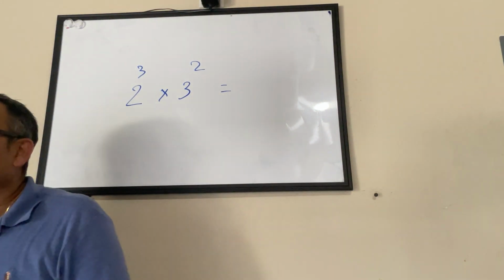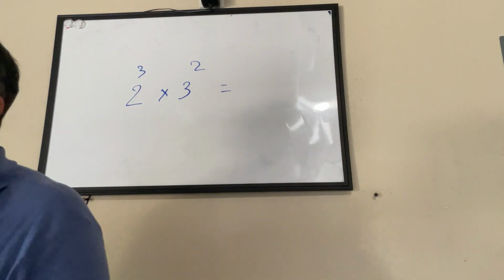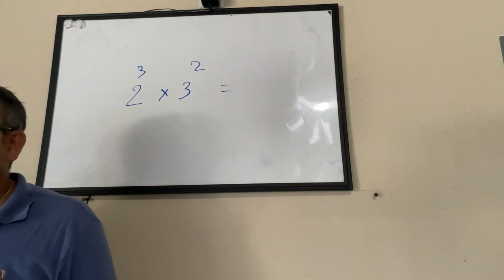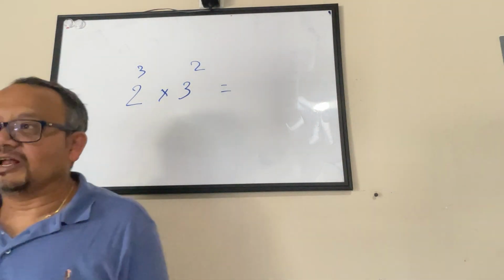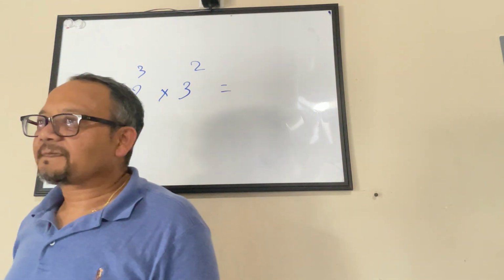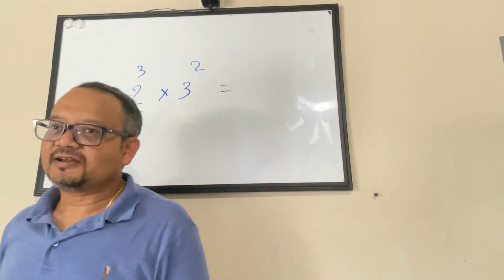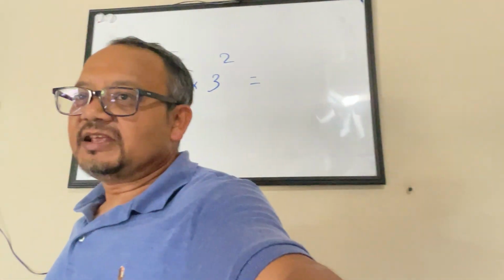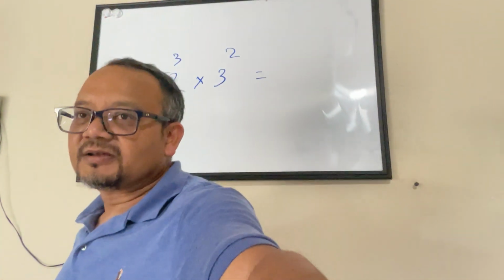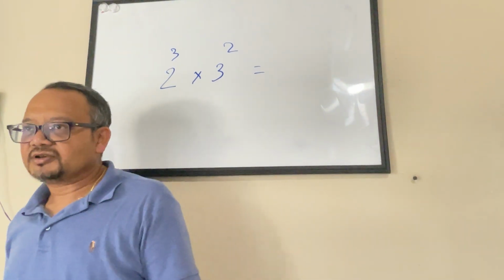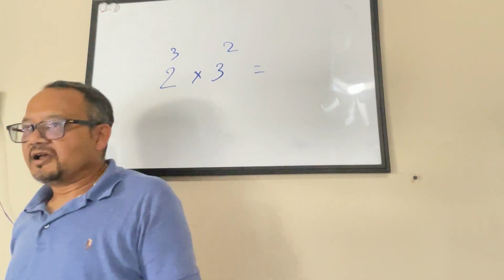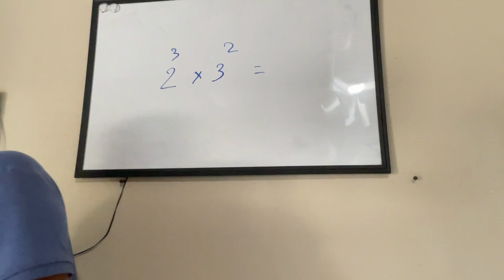No, that was a trick question. Don't do that. Don't ever do that. That will be a mistake. Okay? Do you literally multiply that? No, you don't. So don't do that.